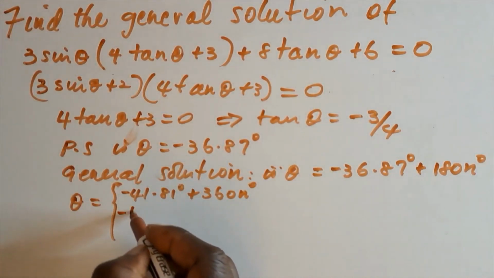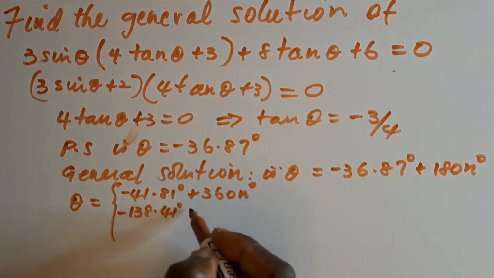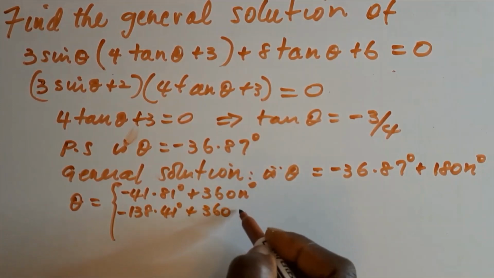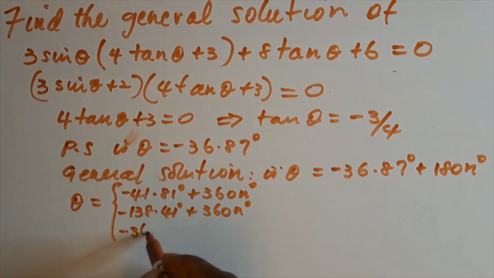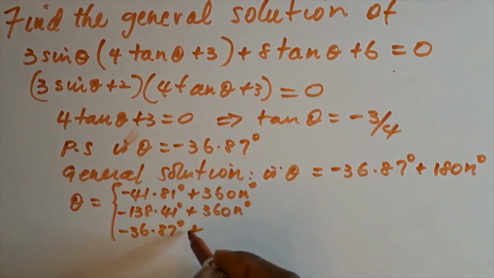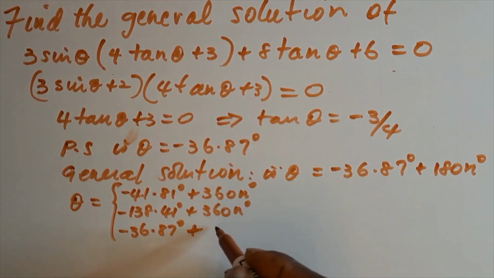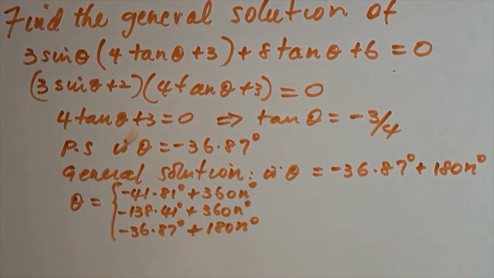And we have minus 138.41 degrees plus 360 n degrees. And lastly, minus 36.87 degrees plus 180 n degrees, this is for tan theta. And here's your general solution in a compact form, which applies to the whole equation.